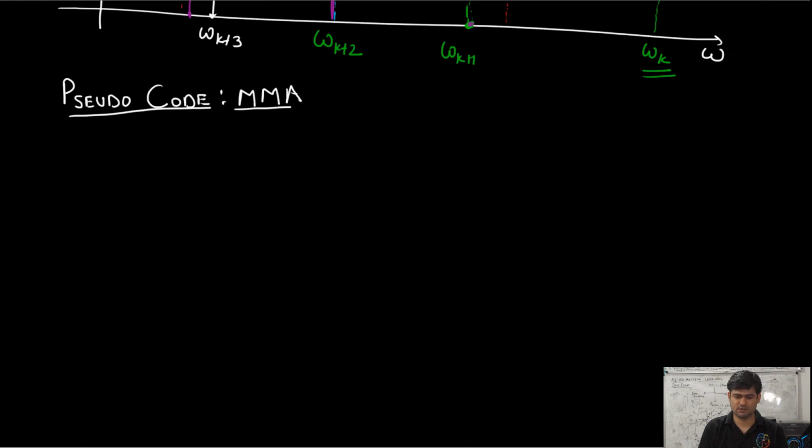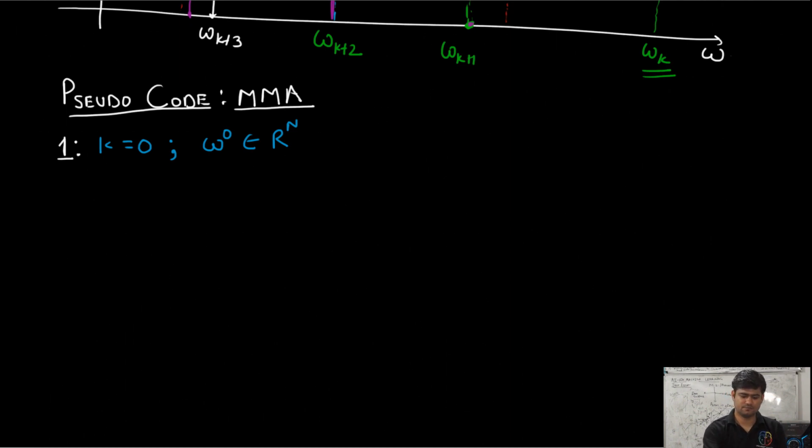Step number 1 is we set k equal to 0 and initialize the initial parameters w 0 with an n-dimensional real vector. So perhaps you can initialize it to be a vector of all zeros.